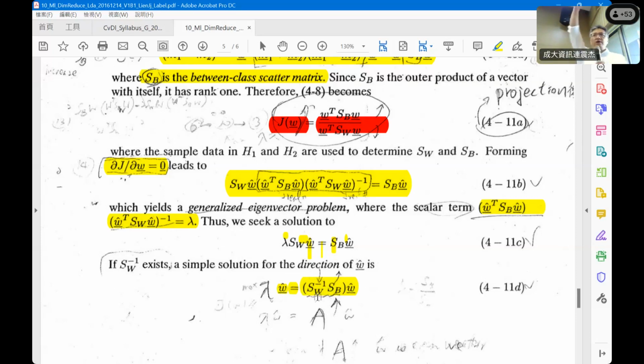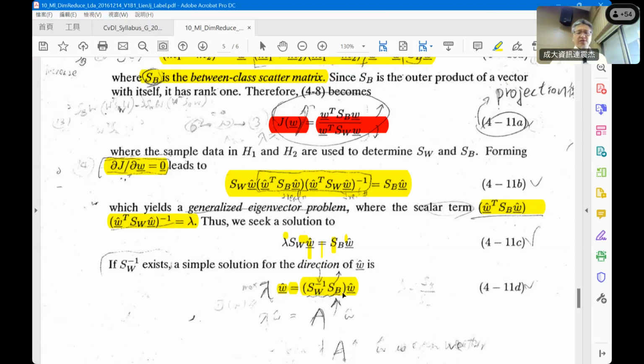So you have a lot of eigenvector corresponding to eigenvalue. And then if you try to find the maximum value, so that's meaning your maximum eigenvalue corresponding to that vector is your answer. If you try to find the minimum lambda, it's meaning the minimum eigenvalue correspond to the eigenvector, that's your answer.